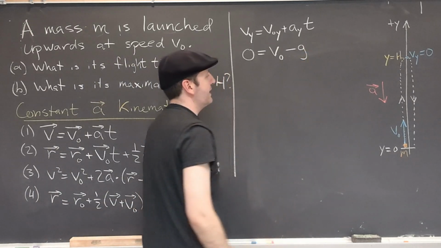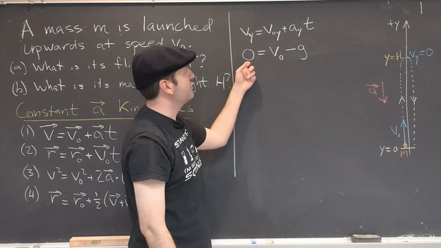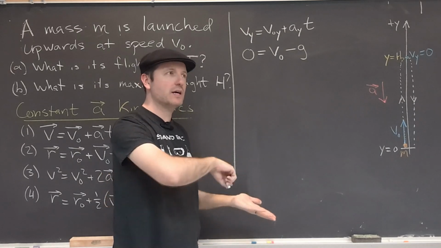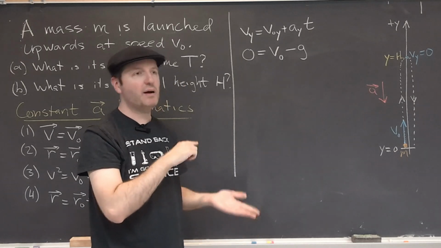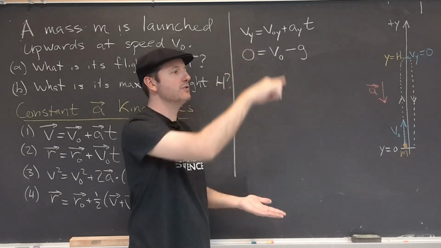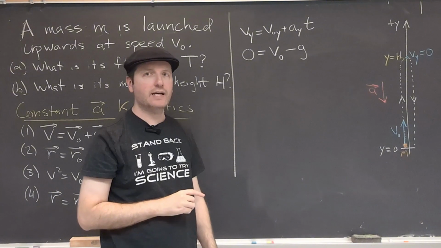And then for the time, well, I want to find the total flight time. Recognizing that I'm choosing this point where Vy equals 0, that's actually not the total flight time. That's just the time to get up to the top. Now, if there's no drag, by symmetry of this situation, we should have the same flight time up as we do to return. We can prove that a different way if we like, and maybe we'll do that in a second.